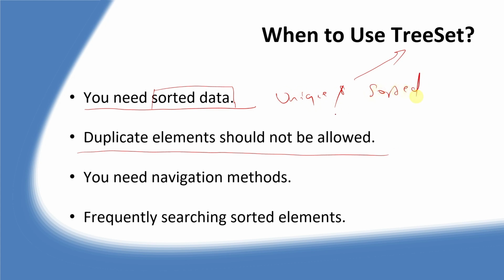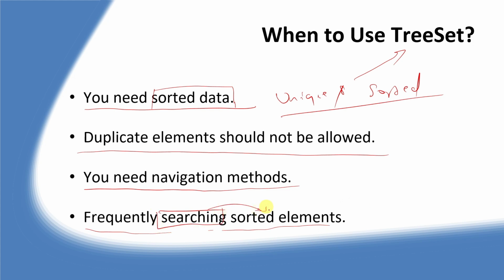If your requirement is unique and sorted, you will go for TreeSet. And additionally, you will get navigation methods: pollFirst, pollLast, first, last. And frequently searching sorted elements. If you want to perform searching operations frequently on sorted elements, then you should definitely go for the TreeSet collection.